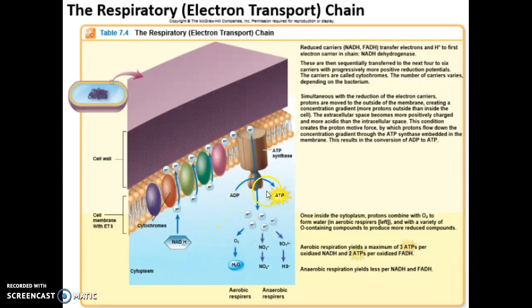ADP, along with phosphates, which don't show up here, allows the formation of ATP, simply linking ADP to that third phosphate group, and now you have ATP. Then you have oxygen here for aerobic respiration. The hydrogen comes in and bonds to oxygen, and now you have H2O. And in anaerobic respiration, you have these other molecules.